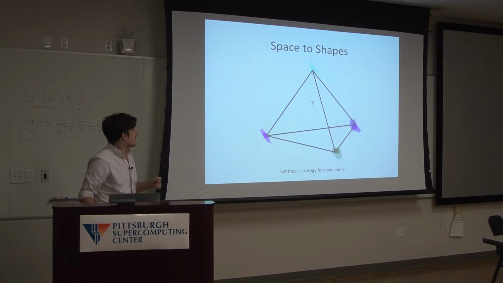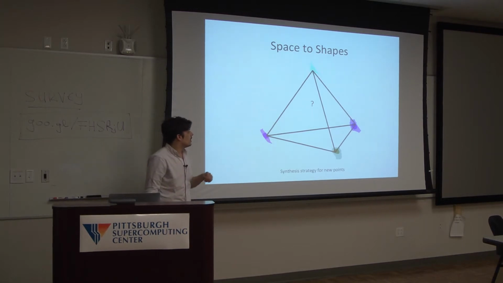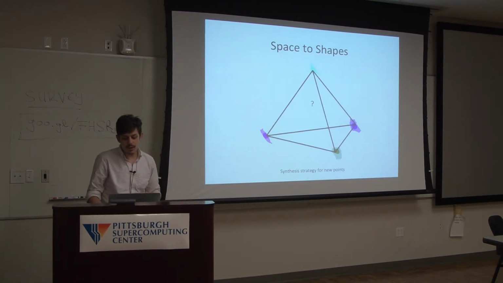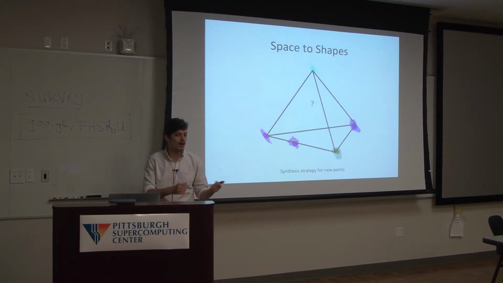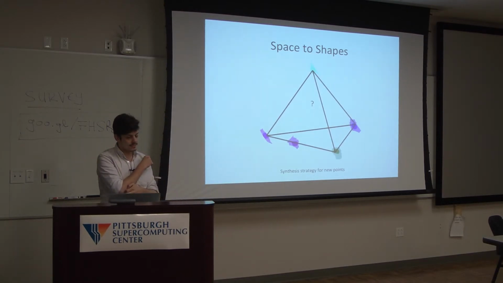And so let's say we want to synthesize a cell at this point. Because this diffeomorphic distance is only computable between pairs of cells, we iteratively synthesize artificial cells along the edges of this simplex.